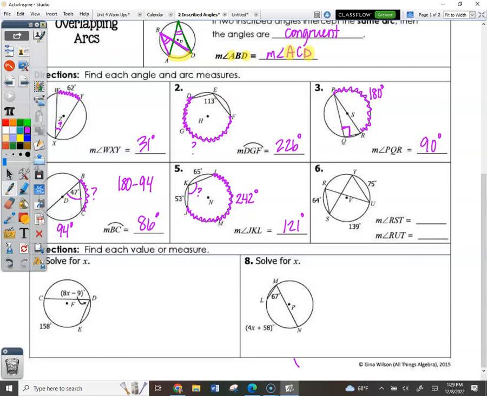All right, let's go to 6. 6 is one of those where there's multiple angles, and they open up to the same arc, which means there are congruent angles hidden in there. So this says find the measure of angle R to S to T. R, S, T would be right here, right?